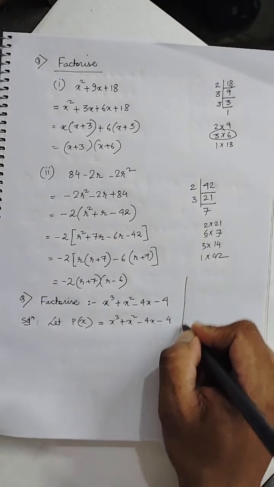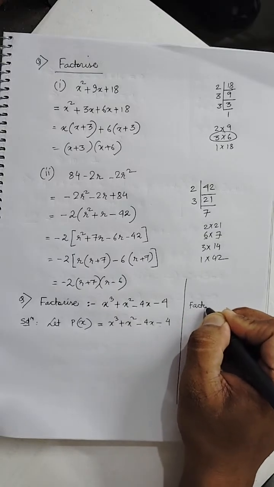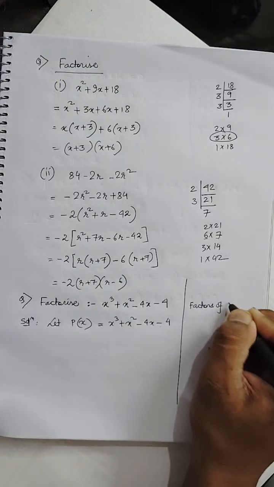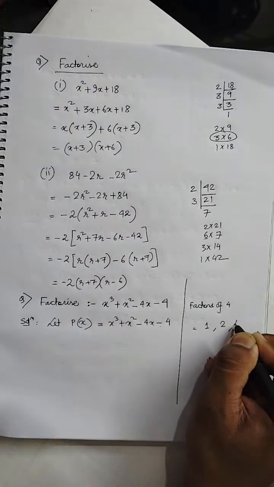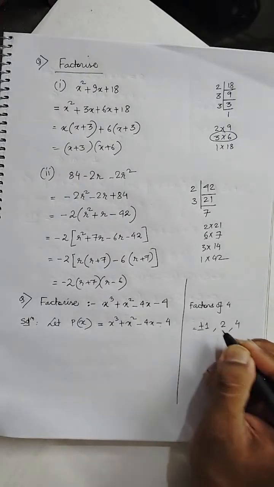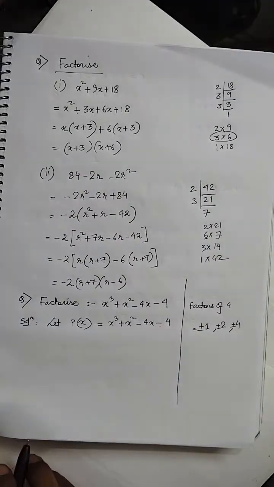So factors of 4. Usually we write 1, 2 and 4, is it? But we will now take them as plus minus 1, plus minus 2 and plus minus 4.